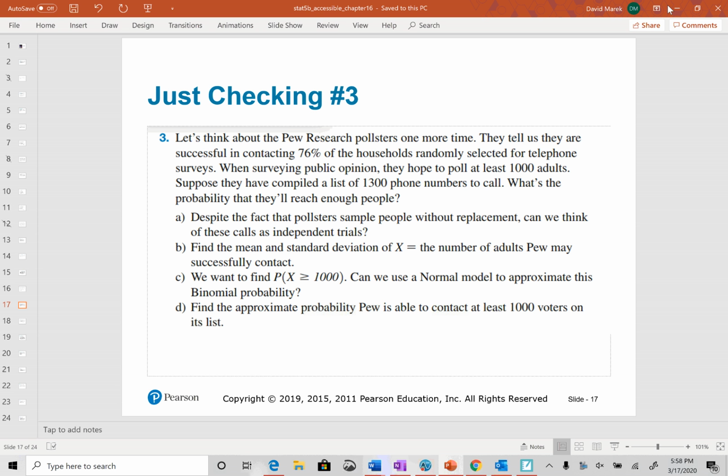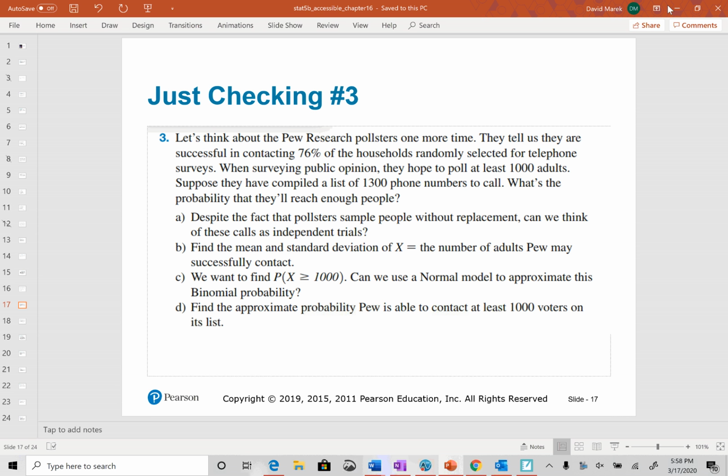Is the 1,300 less than 10% of all households? When we have hundreds of millions of people in the country, and it's only 1,300, I think that's a safe conclusion, that that's less than 10%.